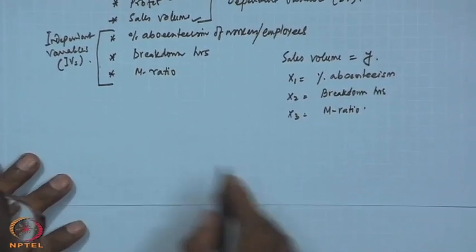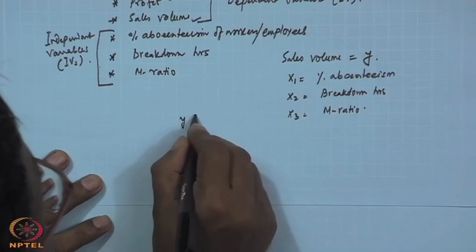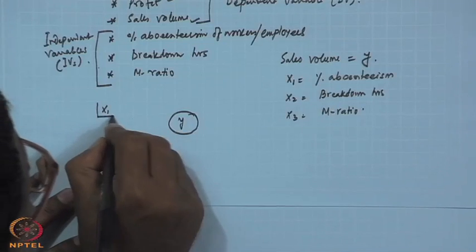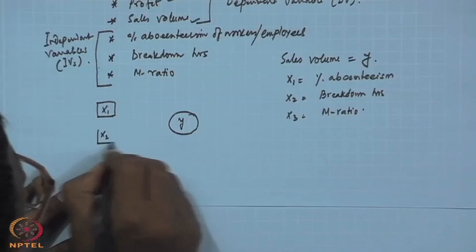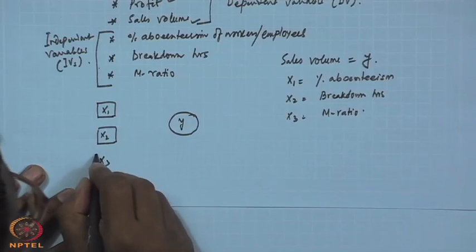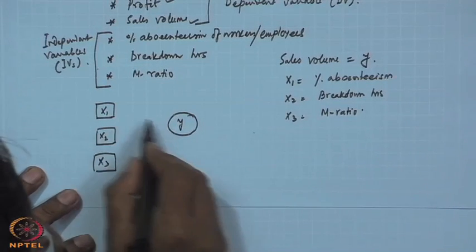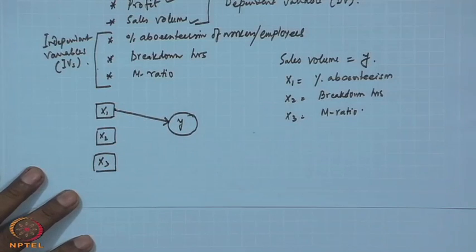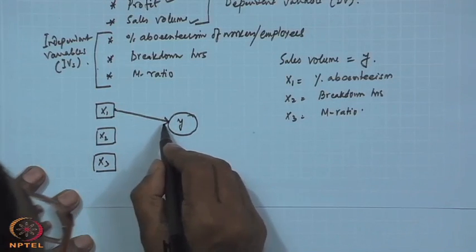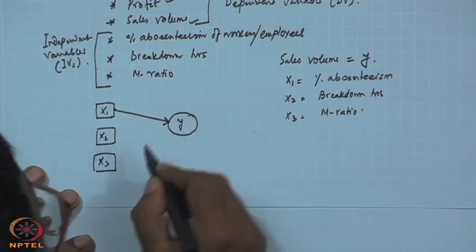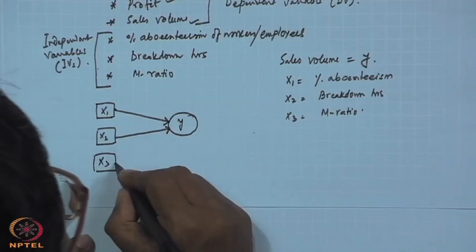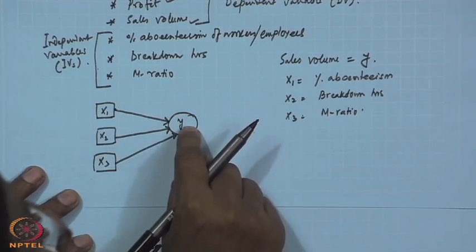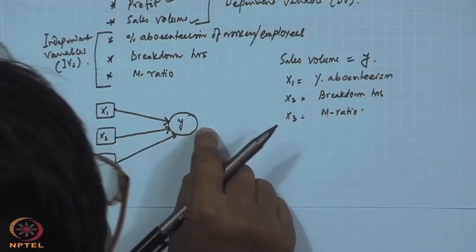So, under this situation, if I define like this, that y within a circle or ellipse and x1 within a rectangle, x2 with another rectangle, x3 with another rectangle, and I can create some straight line with curved with the arrowhead to y, then this will determine that the respected IVs are influencing the dependent variable y, that is the measure.